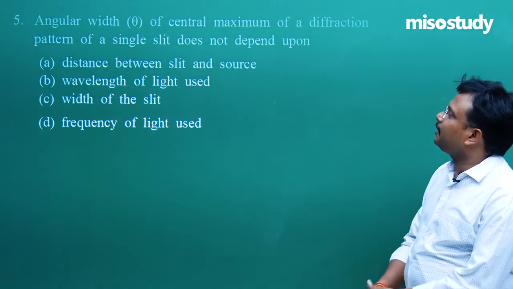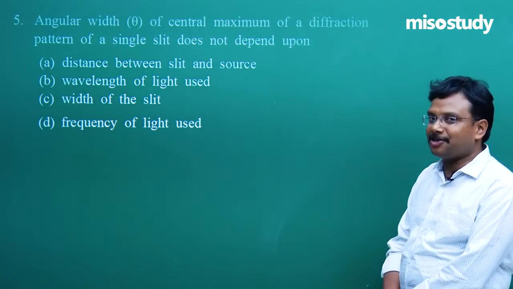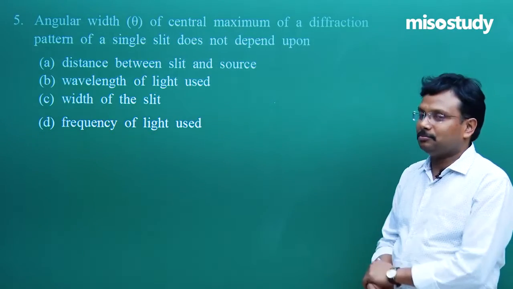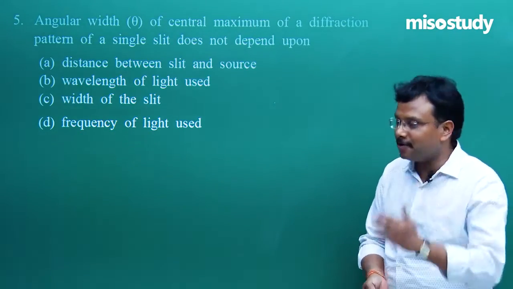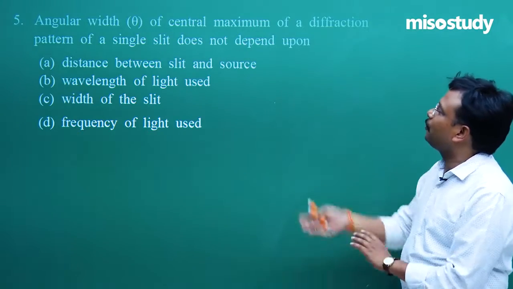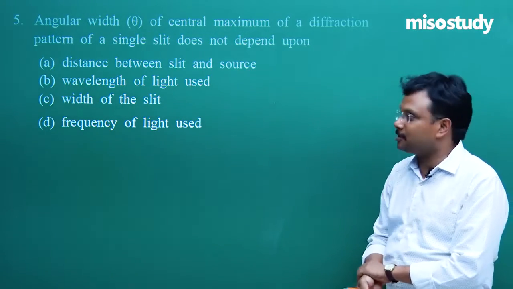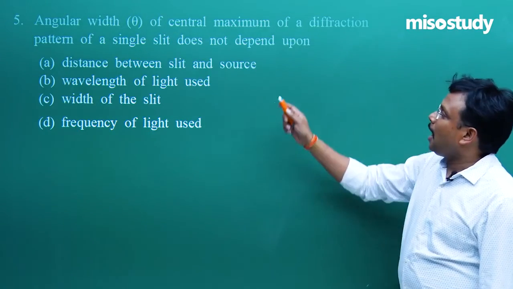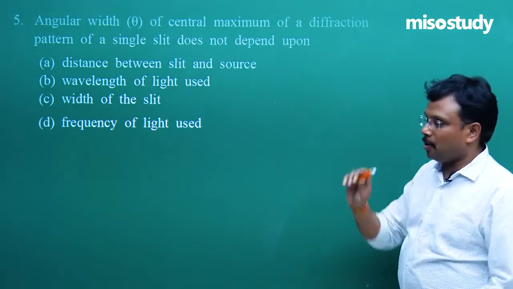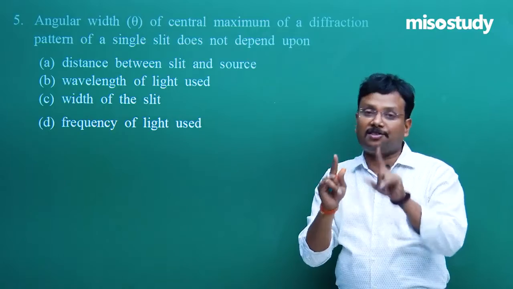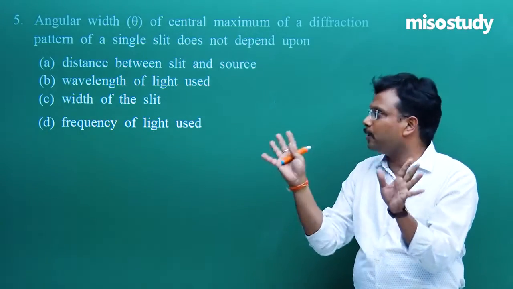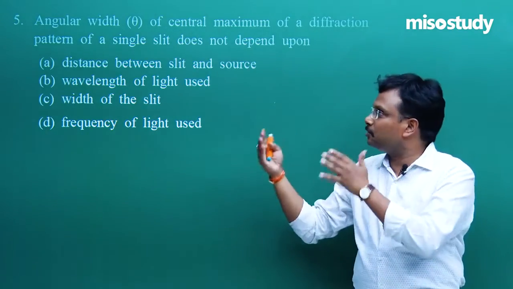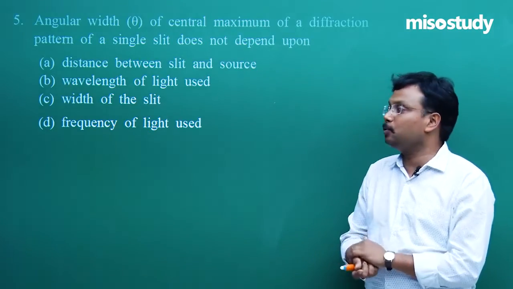Angular width of central maxima of a diffraction pattern. Till now concept was associated with interference. Now gradually I am switching for the next phenomena, that is diffraction. Diffraction pattern of single slit, okay, not depend upon. Over here again the same approach, which now I am not going to elaborate because in last 3-4 questions I explained the approach.